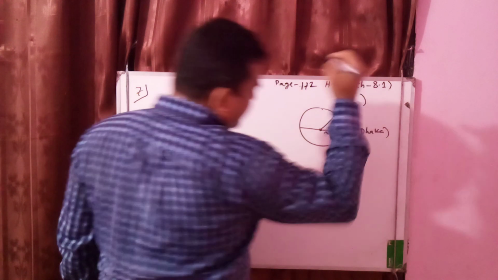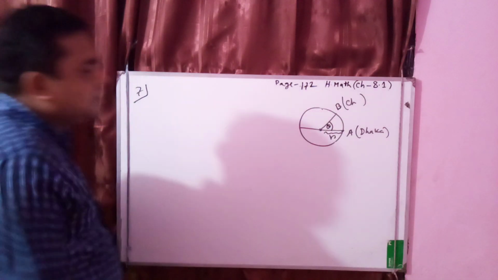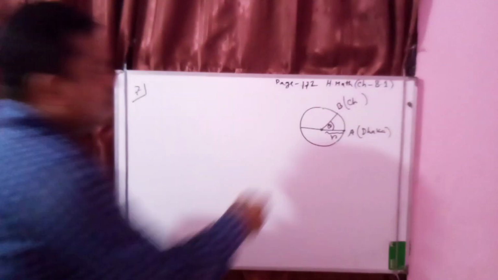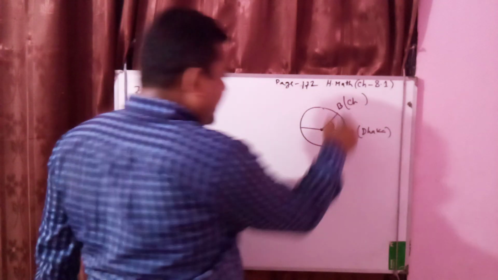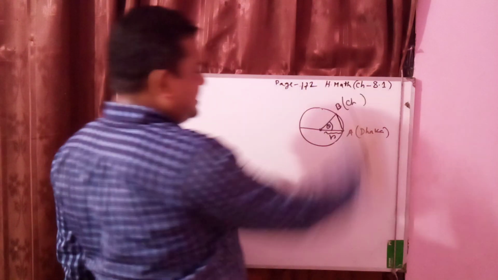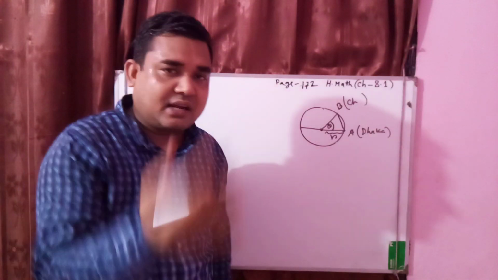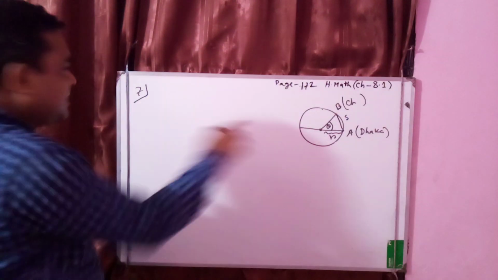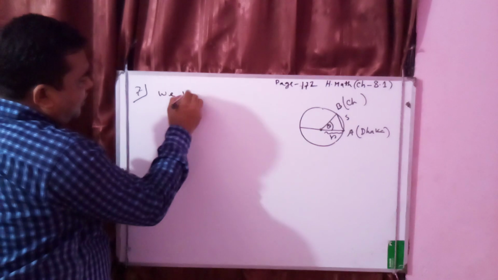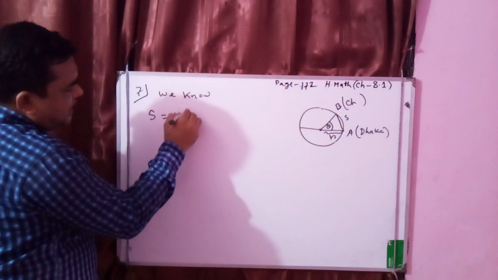The angle produced is theta, because this is a circular region. The distance AB, that means Dhaka to Chittagong, is an arc, and we denote the arc S. So in this figure we can write S equals r theta.